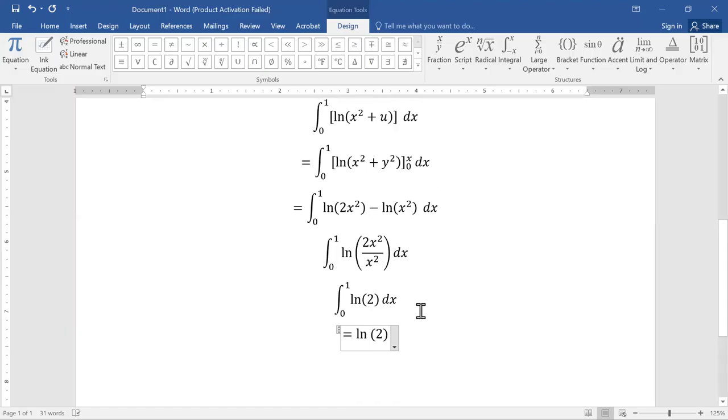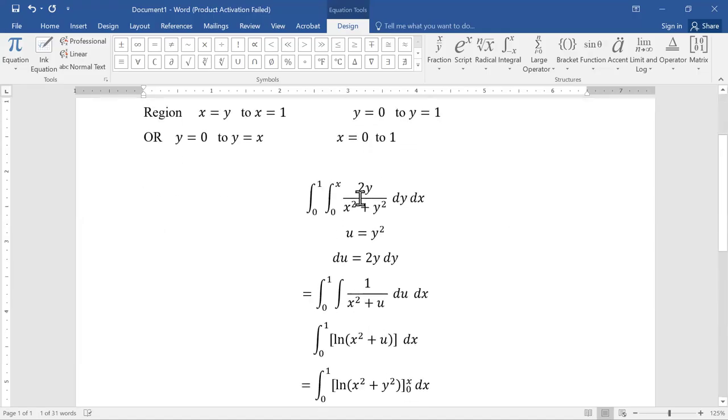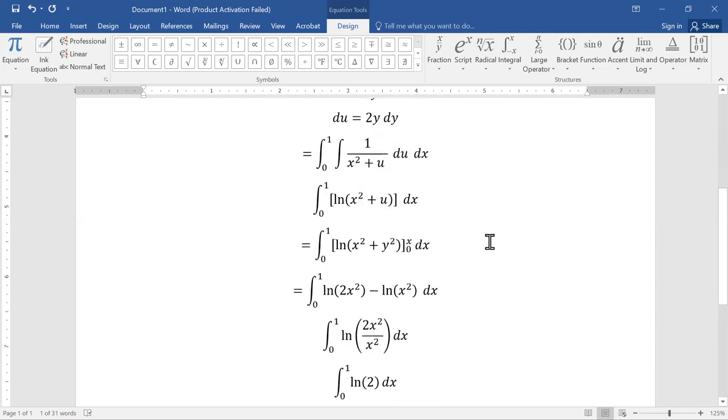So again, being able to change our region over allows me to integrate this. If I tried to integrate this with respect to x, it'd become very cumbersome. Now you may think this is cumbersome, but just wait and try to integrate that thing with respect to x first. It's much worse.